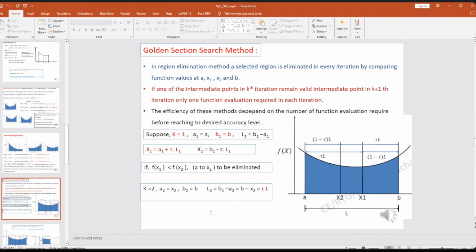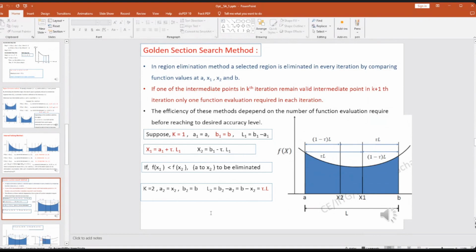Yes, sir. Because if a2 x2 is eliminated, then x1 remains valid as an intermediate point in the next iteration. And if b2 x1 is eliminated, then x2 remains valid as an intermediate point. But if your scheme of selection of intermediate points is not properly chosen, then you cannot accept the x2 as an intermediate point by the same scheme.